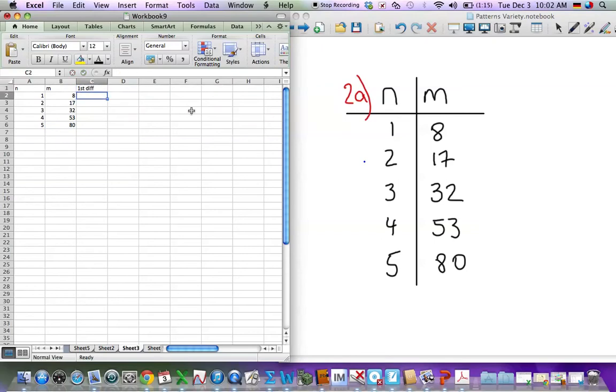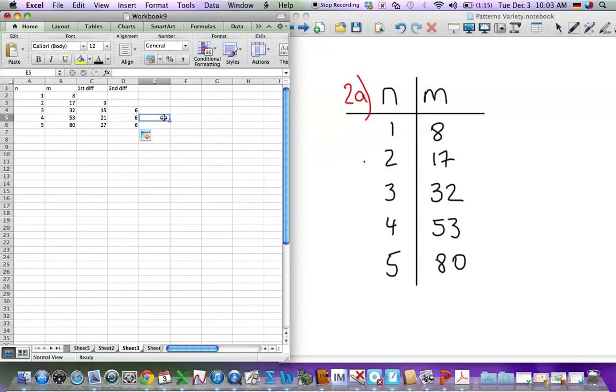Let's assume at this stage I don't know if it's quadratic or not, so let's look at the differences. Equals this minus 8 and extend all the way down. They're not constant, it's not a constant rate. So I'm looking at the second difference now. Equals this minus this.